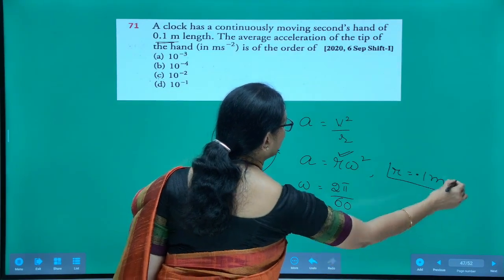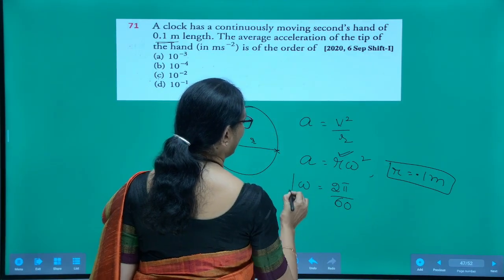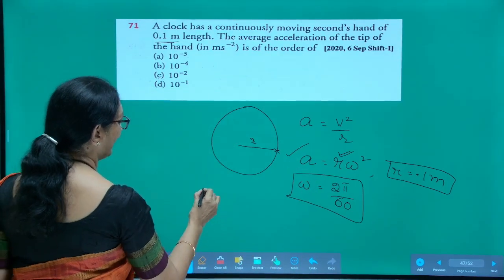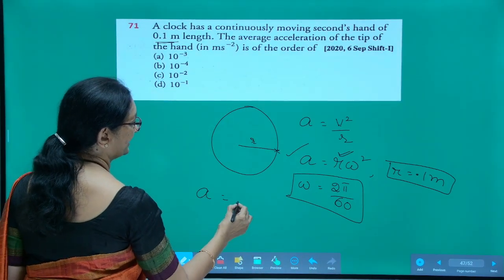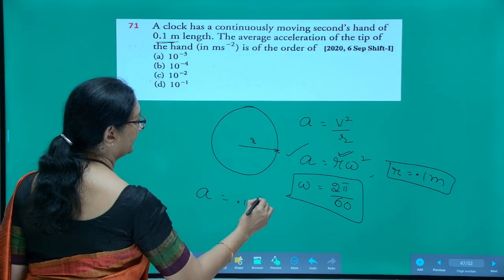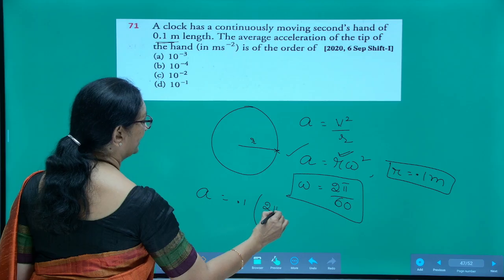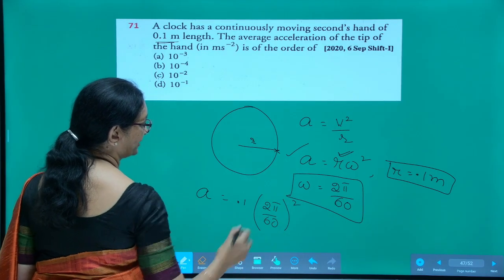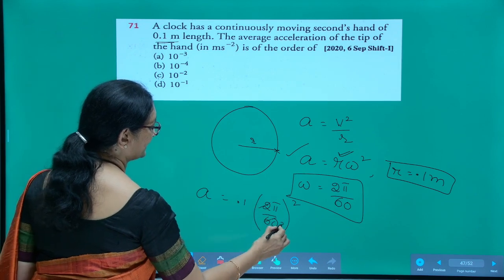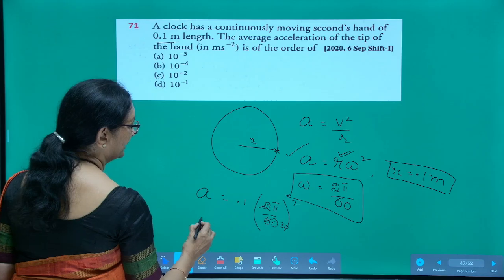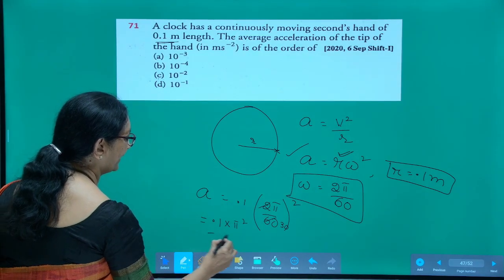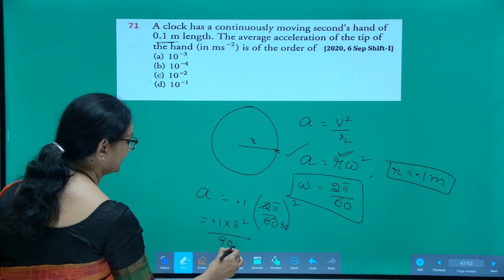So just substitute the radius and this in the expression. What will be the acceleration? It is r omega square, that is 0.1 into (2 pi by 60) whole square. So this gets cancelled 30 times. So this is 0.1 into pi square by 900.